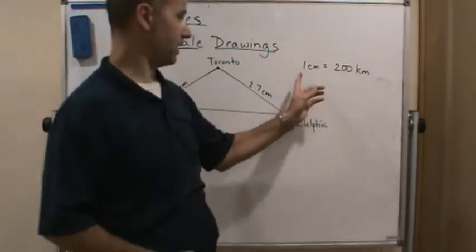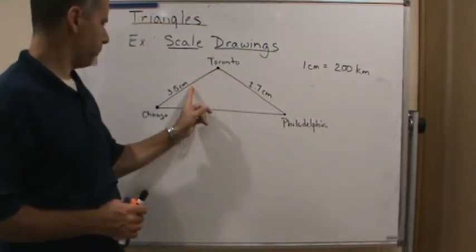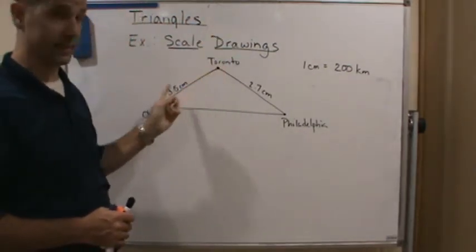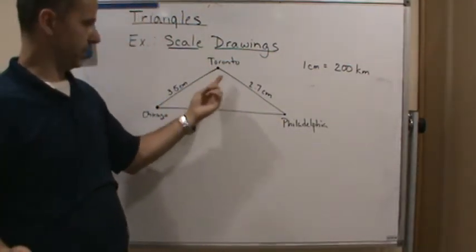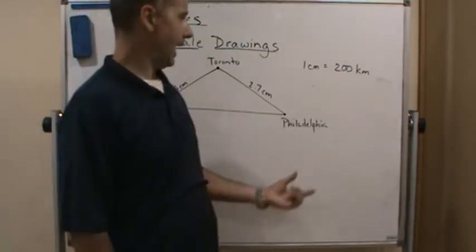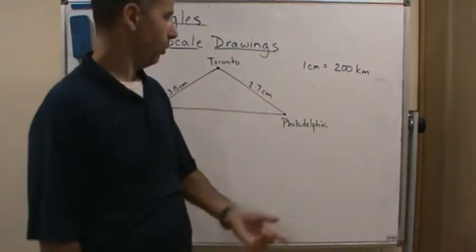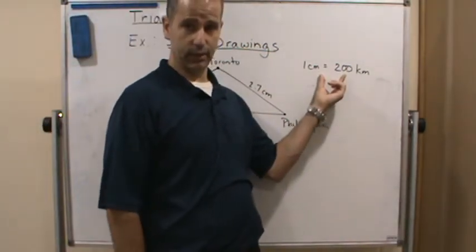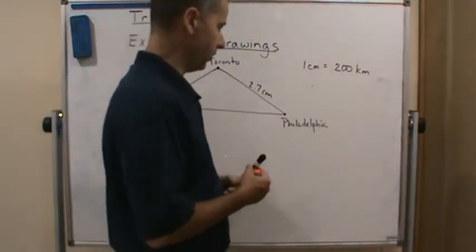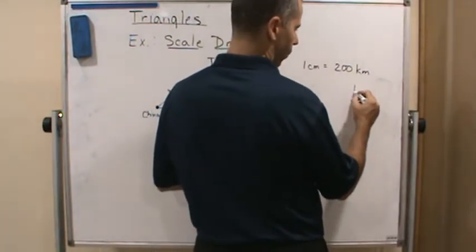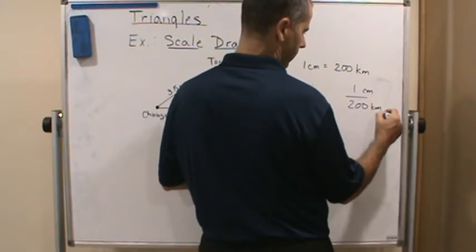Remember, all the proportions must be equal. This distance has to be proportional to the real distance between Toronto and Philadelphia, and the proportions must always be the same. Here's that constant, if you will. We know that 1 centimeter equals 200 kilometers, so we could write it as a fraction, 1 to 200, centimeters to kilometers.